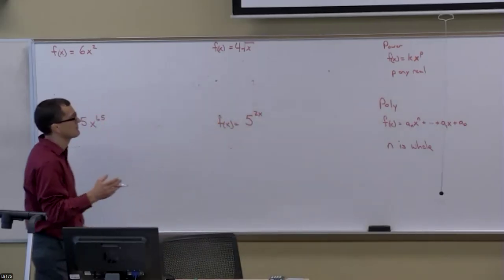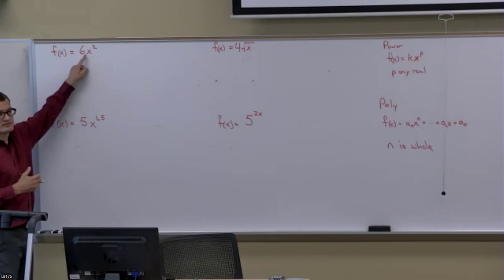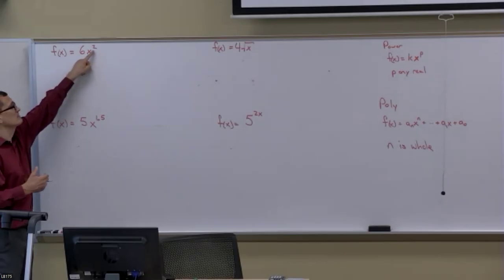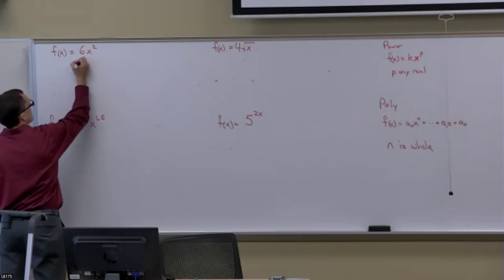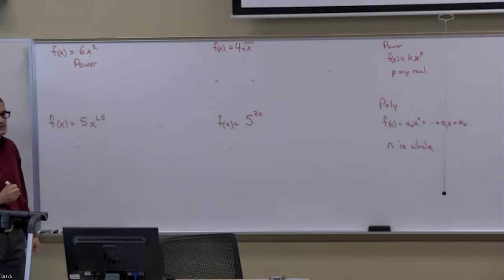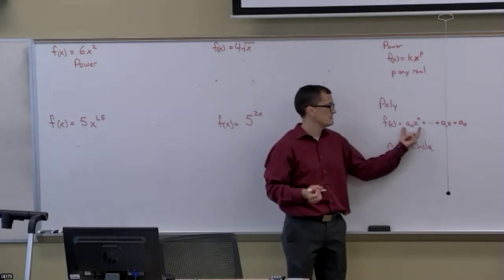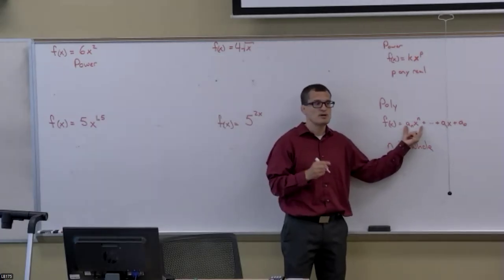Okay, so a power function is written as k times x to a power, where we can add any exponent. So if we have 6 times x to a power of 2, then it is a power function. It's also a polynomial because the exponent is a whole number.